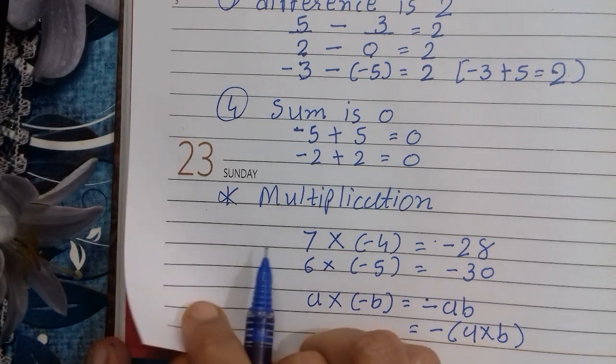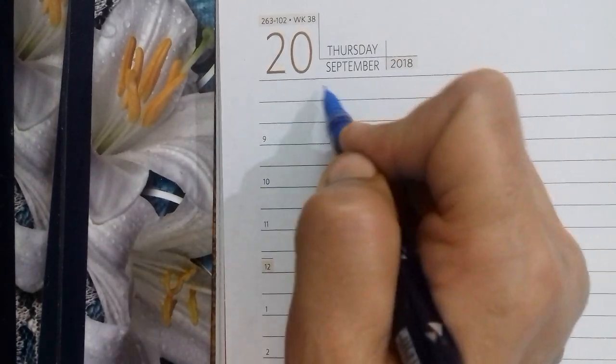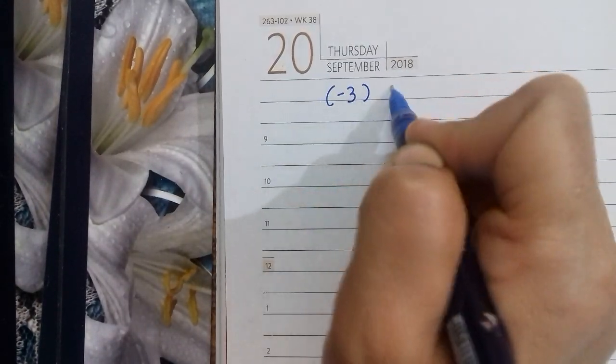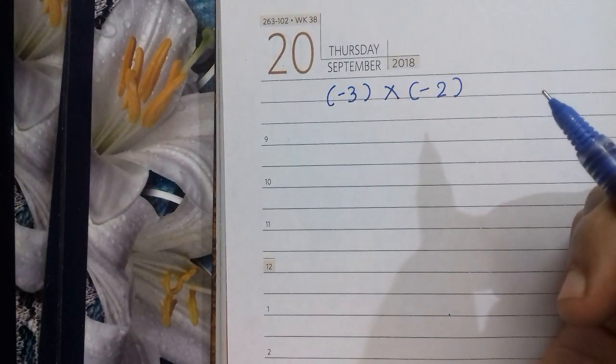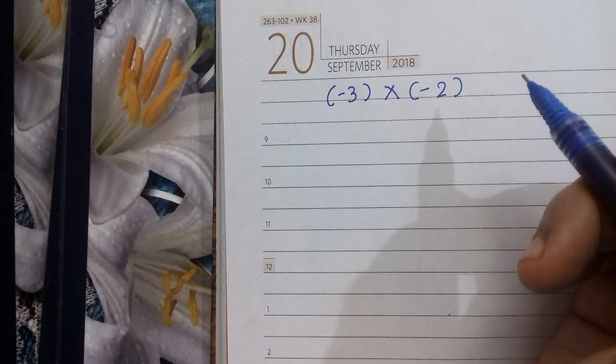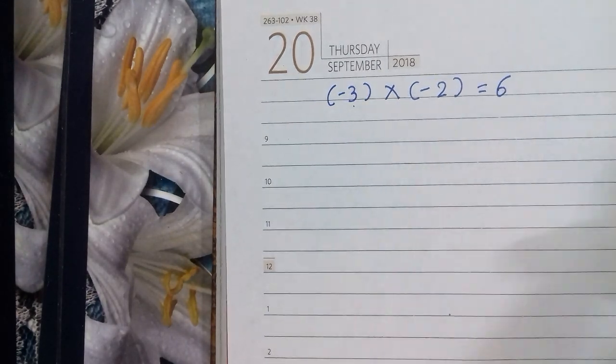Next, multiplication of two negative integers. Suppose minus 3 multiplied by minus 2. So minus 3 multiplied by minus 2 is equal to 6.